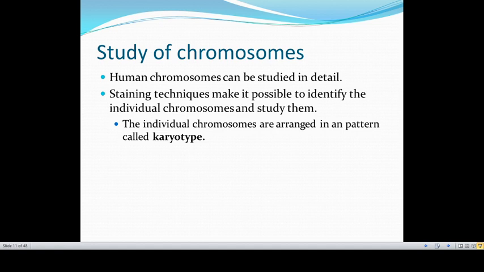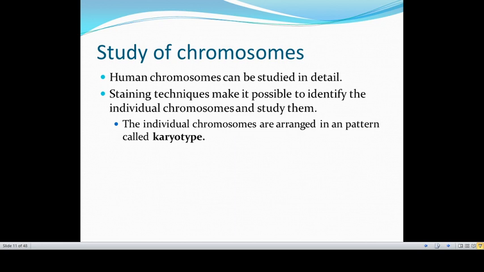Human chromosomes can be studied in detail. Human cells are grown in tissue culture, treated with the drug colchicine, which arrests mitosis at the metaphase, exposed to a hypotonic solution that makes the chromosomes swell and disperse, and then squashed onto slides.